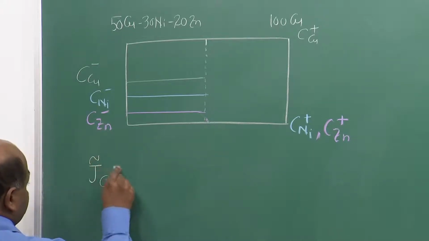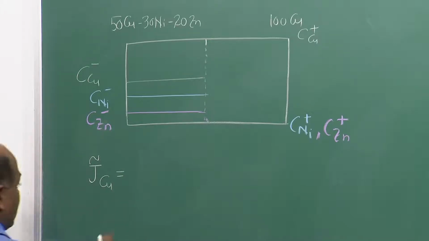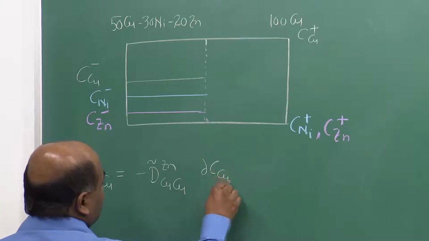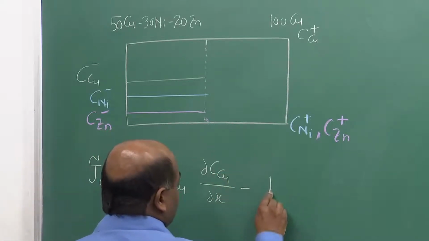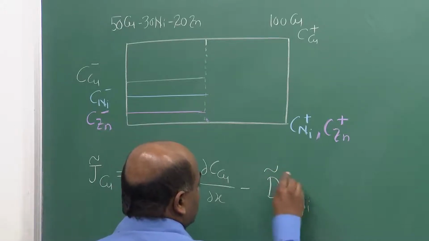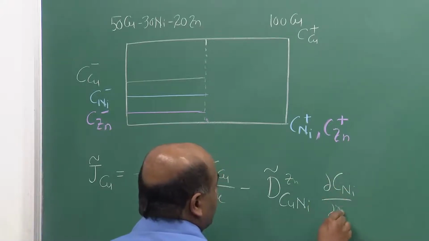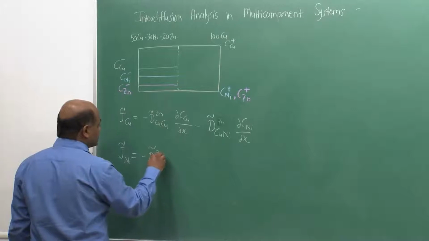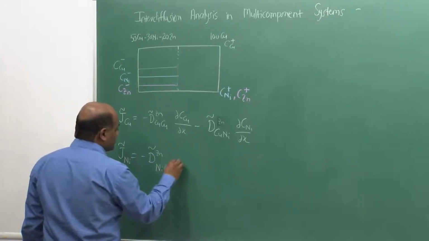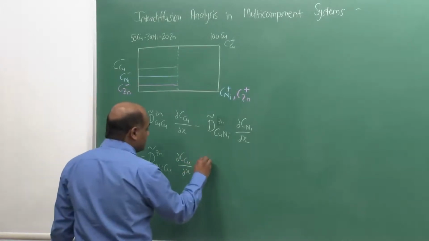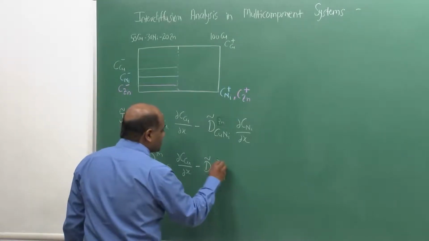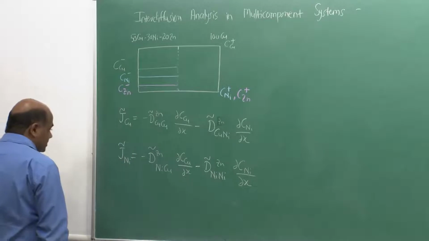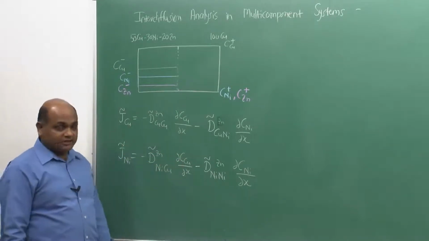So, if we write for copper, if we take zinc as dependent component, we have J tilde copper as minus D tilde copper copper zinc dou C copper by dou X minus D tilde copper nickel zinc dou C nickel by dou X, and J nickel tilde equal to minus D tilde nickel copper zinc dou C copper by dou X minus D tilde nickel nickel zinc dou C nickel by dou X. So, we need 4 interdiffusion coefficients at any given composition of the ternary systems, 1, 2, 3, 4.